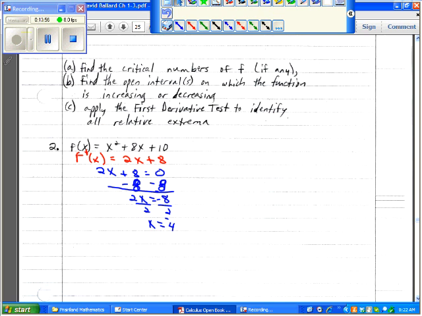So that means that my test intervals are... what are my test intervals? Negative infinity to negative 4 and negative 4 to positive infinity. So we have 2 test intervals.